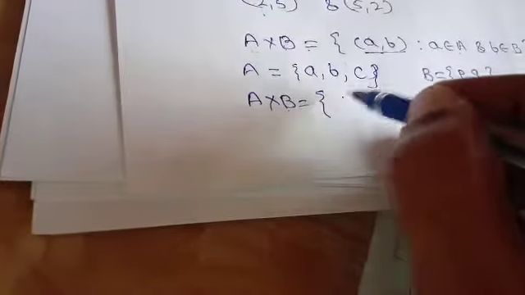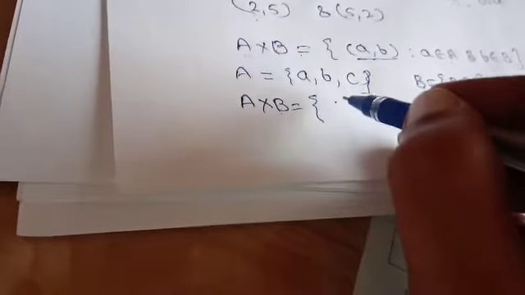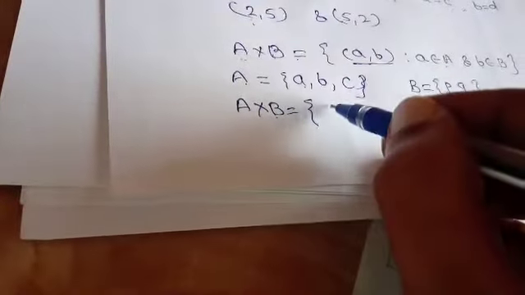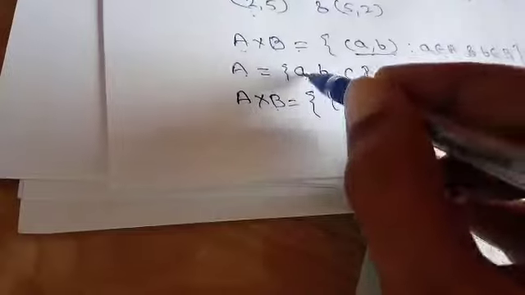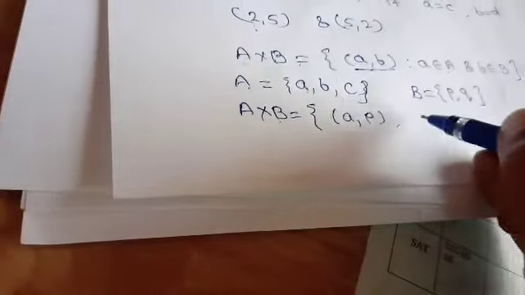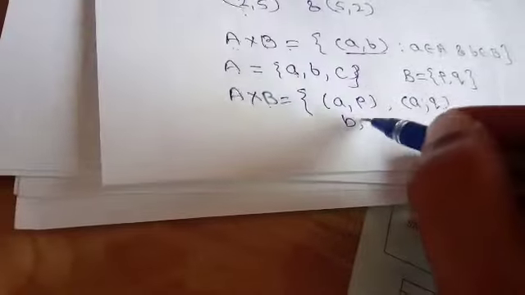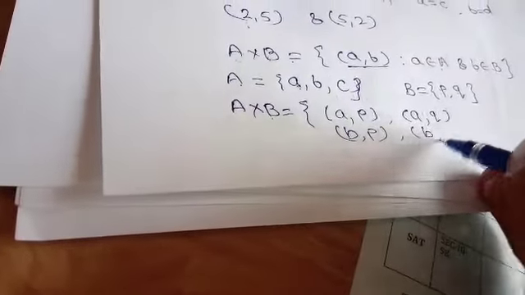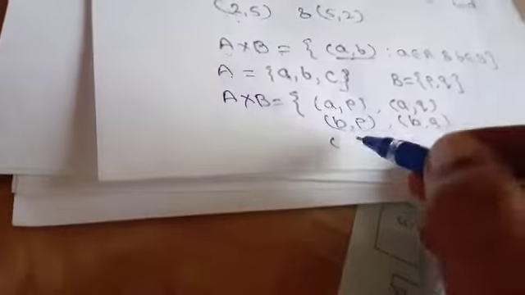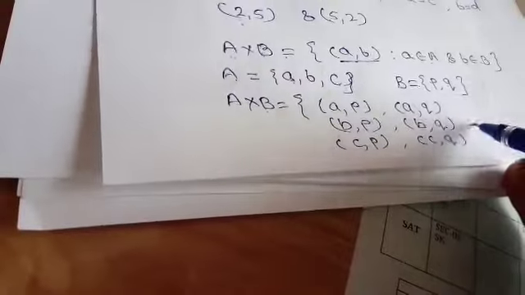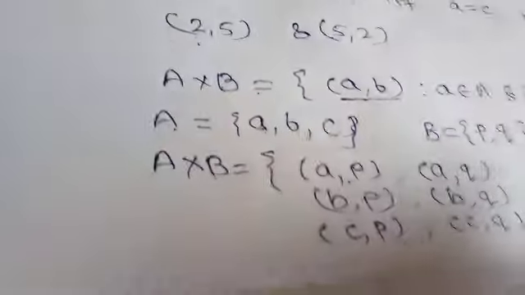The elements in the Cartesian product are ordered pairs whose first element belongs to set A and second element belongs to set B. Now what are the elements? (a, p), (a, q), (b, p), (b, q), next for c, (c, p), (c, q). These are the 6 distinct elements which belong to this Cartesian product.